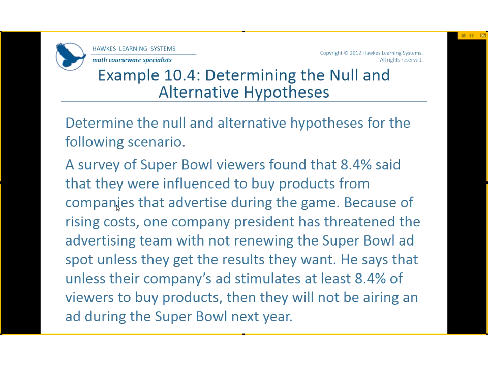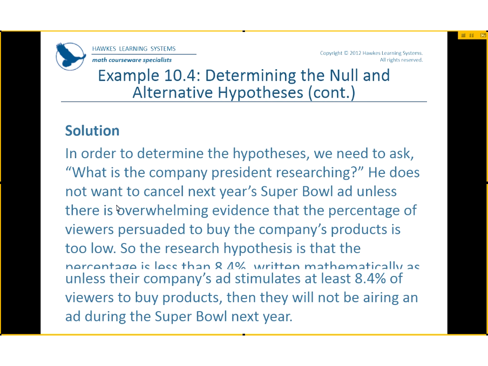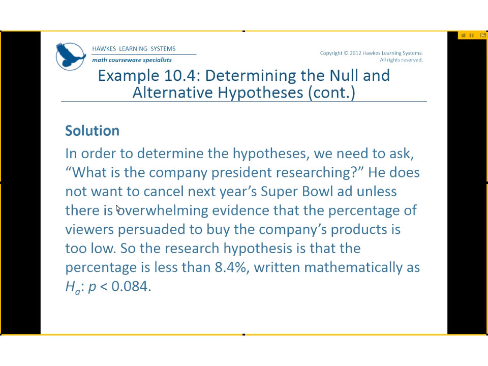He says that unless the company's ad stimulates at least 8.4% of viewers to buy the product, then they will not be airing an ad during the Super Bowl next year. In order to determine the hypothesis, we're asked, what is the company's president researching? He doesn't want to cancel next year's Super Bowl ad unless there's evidence to show that viewers aren't buying the company's product.